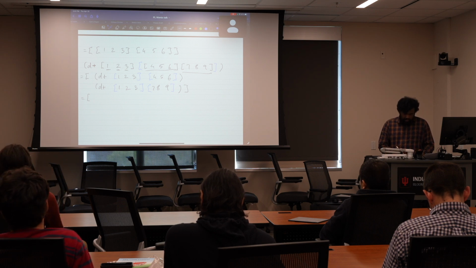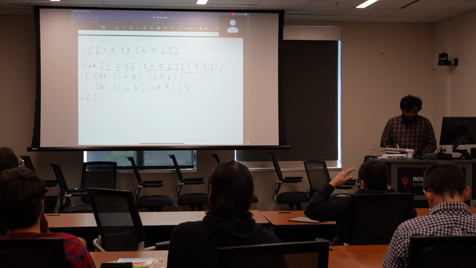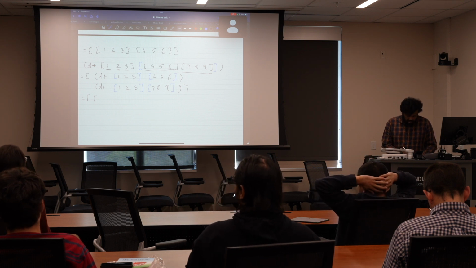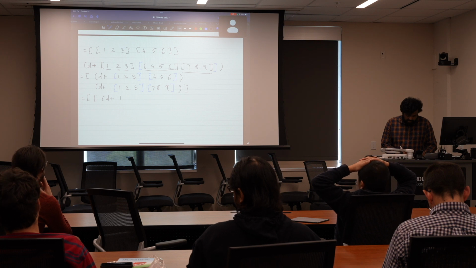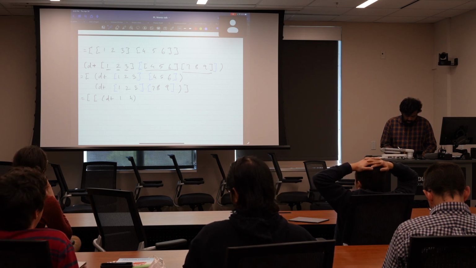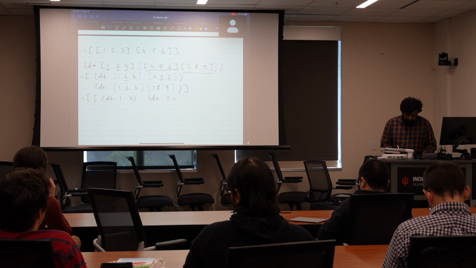Right, so since we are descending into both, the 2 blue brackets will count as 1. And d plus gets applied with 1 and 4. D plus then gets applied with 2 and 5. D plus gets applied with 3 and 6.